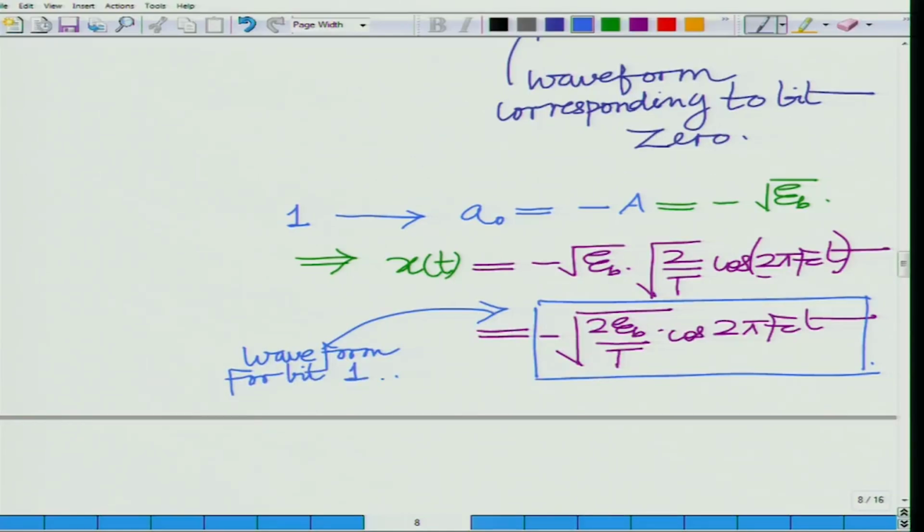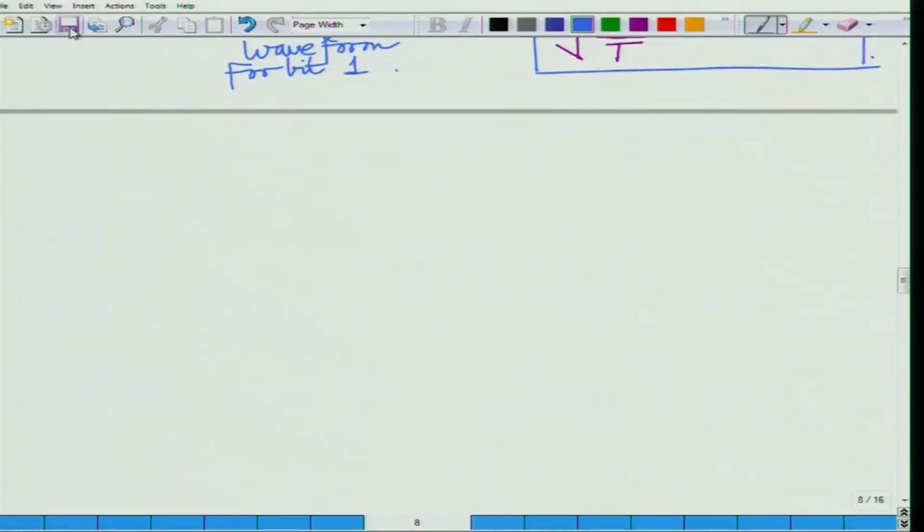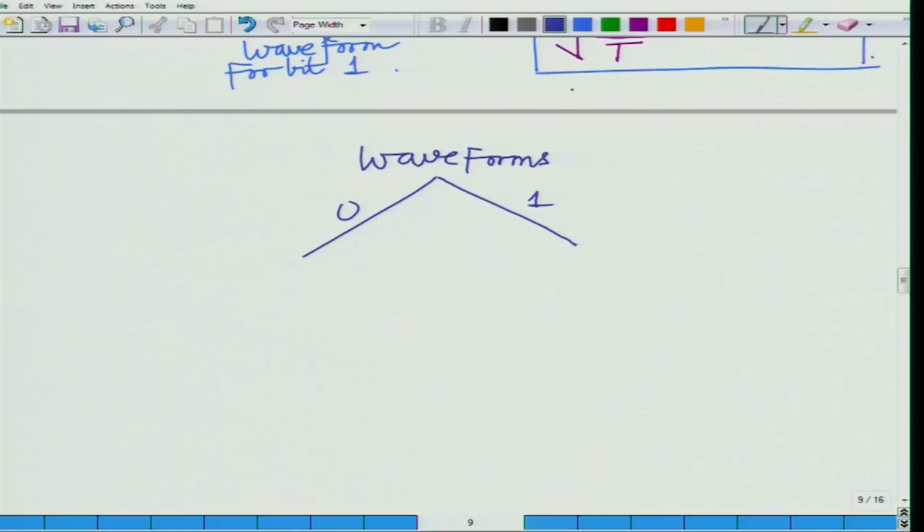This is the waveform corresponding to bit 1, and now if you observe both the waveforms that are employed in this scheme, corresponding to bit 0 we have square root of 2 Eb by T cosine 2 pi fc t.